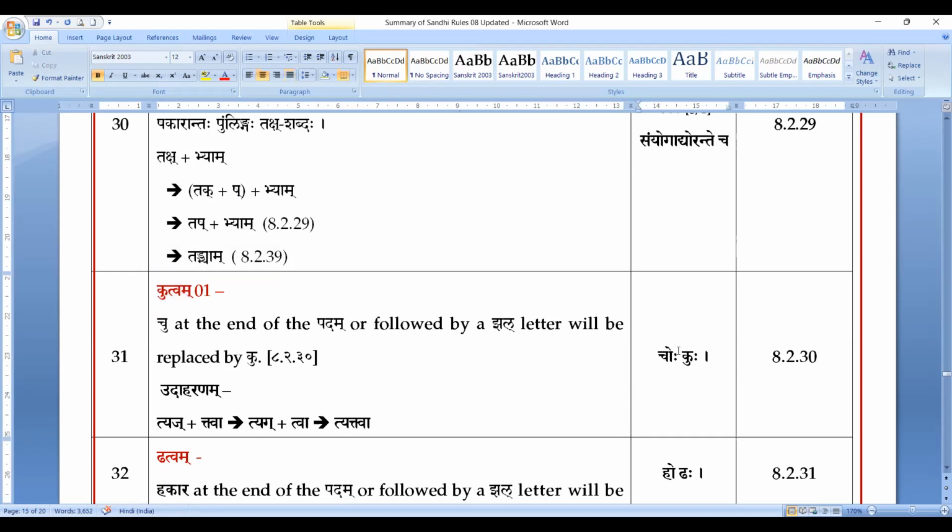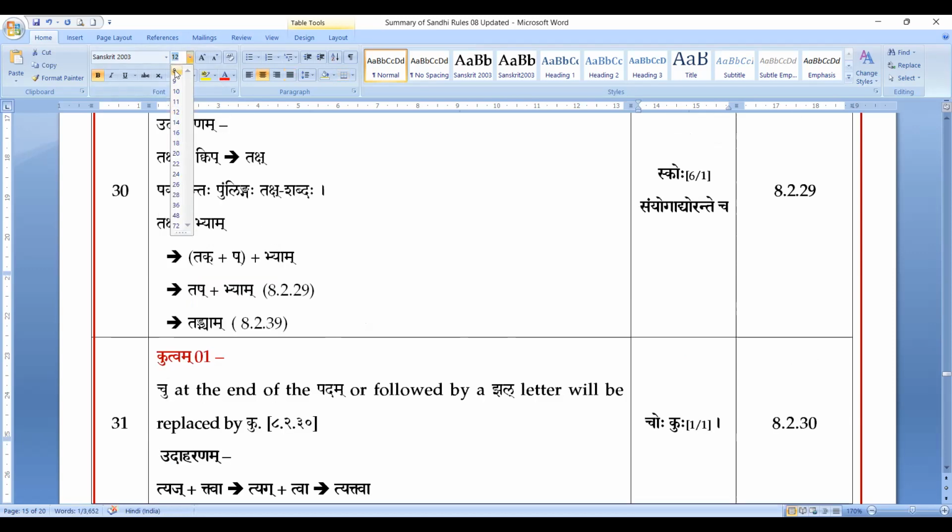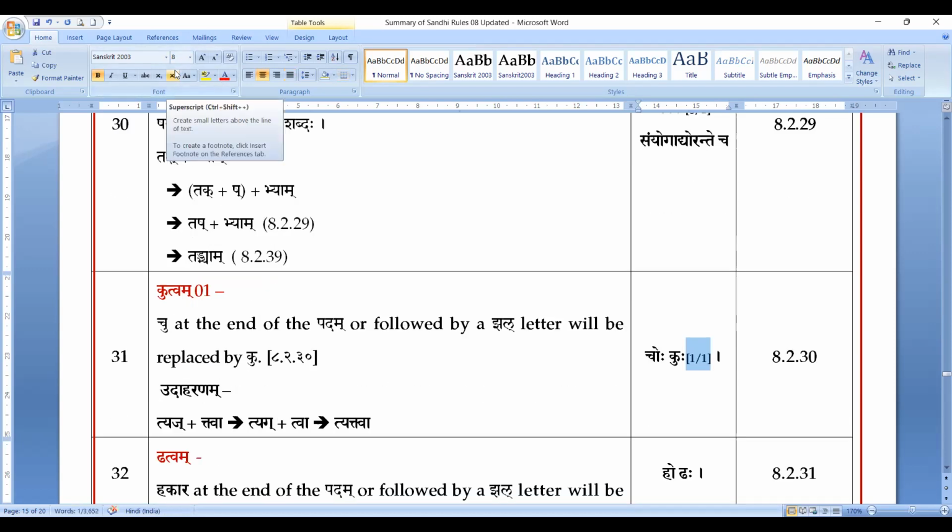Choho Kuhu. What is Choho? Sthani. Kuhu is, because the Sandhi name is Kutvam, Kuhu, that is Kavarga is the Adesha. Adeshatvat, what vibhakti? Prathama vibhakti. Kuhu, that is Kavarga is Prathama vibhakti, and therefore Choho.